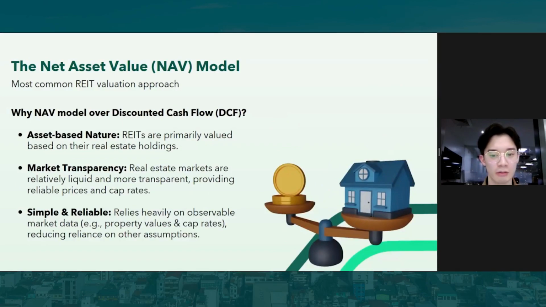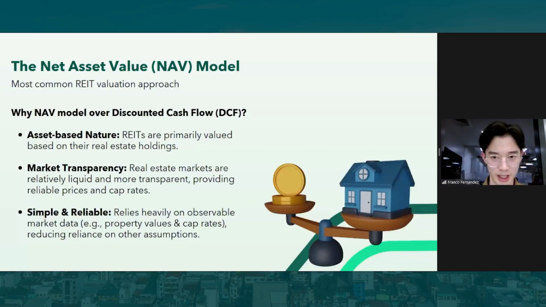So why the net asset value model over the discounted cash flow model? For one, REITs are asset heavy. REITs are primarily valued based on their real estate properties. The NAV model directly reflects the market value of those properties. The other one is market transparency.